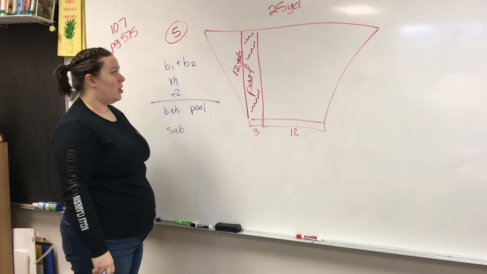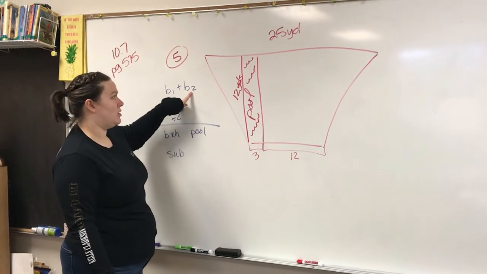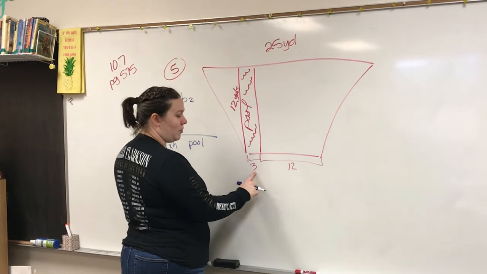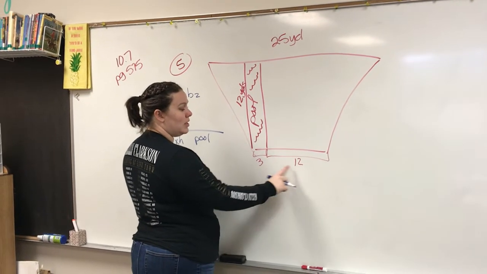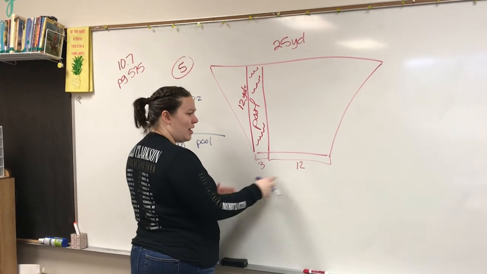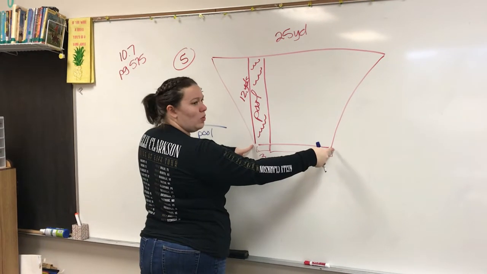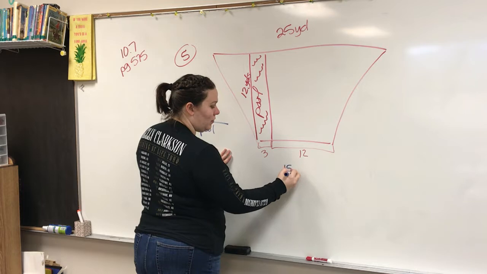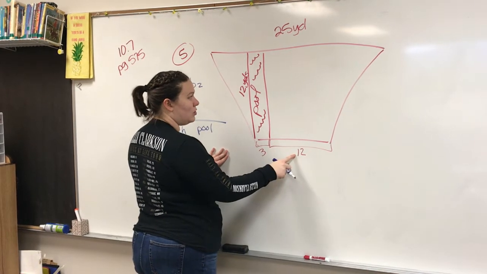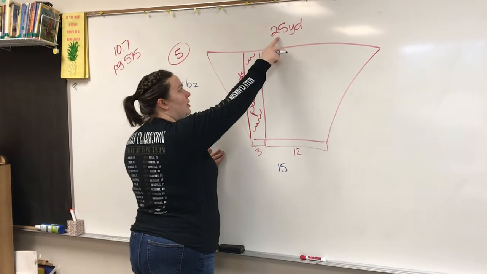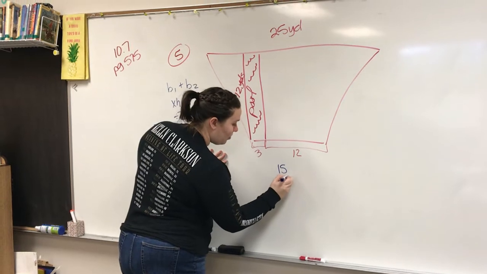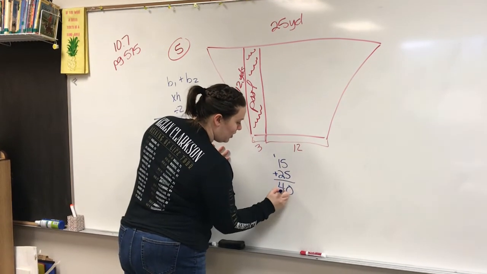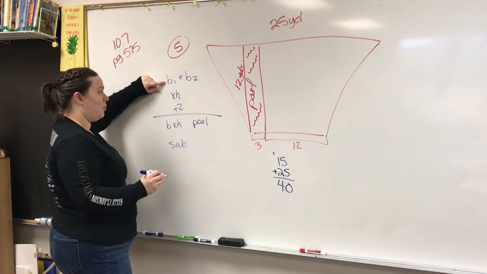All right, so base 1 plus base 2. This is a trick because they actually separated one of our bases into 2 separate sections. However, this is still one continuous line. So this is actually 15 because I added 3 and 12. 15 plus 25 is 40. That's our step 1.